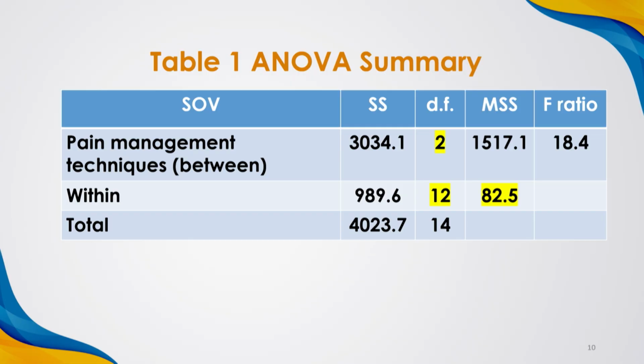So, this was the ANOVA summary which was produced when we performed one-way ANOVA. For this discussion, we are going to take some input from this table. That is, we are going to take the degrees of freedom for treatment, degrees of freedom for error, and mean sum of squares for error. Those were highlighted in yellow color.